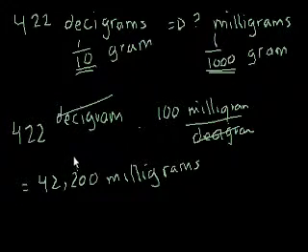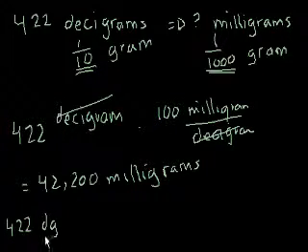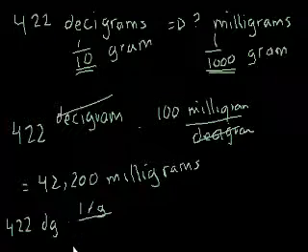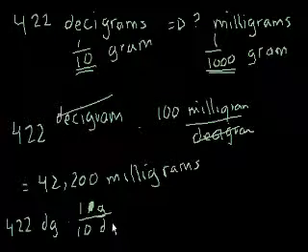Now, another way you could have done it is the way we just did that last problem. We could say 422 decigrams. We could convert that to grams. So we could say 422, I'm just going to say dgs, although that's not really a familiar unit, decigrams. And how many decigrams are there per gram? And if we're going to grams, 422 is going to be a smaller number of grams, right? So we could say times 1 gram is equal to how many decigrams? Well, 1 gram is equal to 10 decigrams.